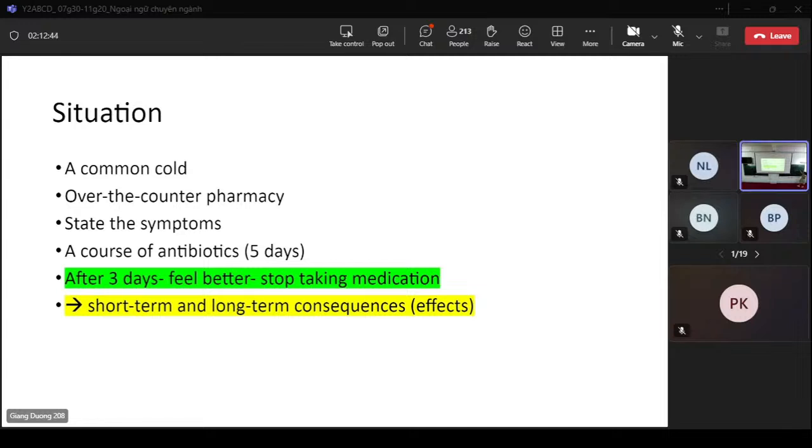Is it different from painkillers? You have to follow a course of antibiotic like 5 days or 7 days, sometimes up to 10 days. It depends. If I stop immediately before I end up with the course, I may suffer from long-term health effect.